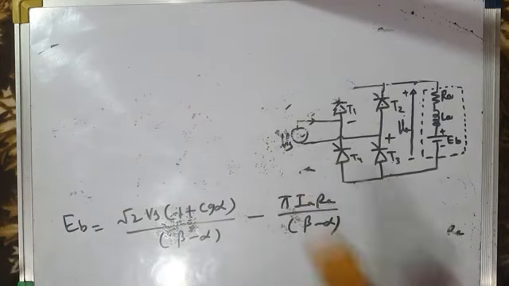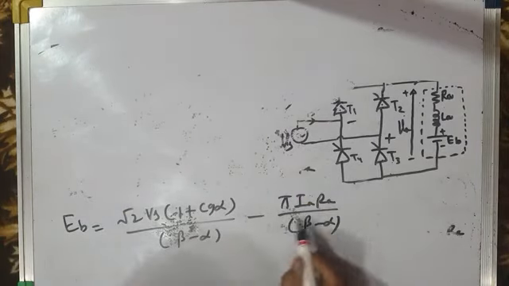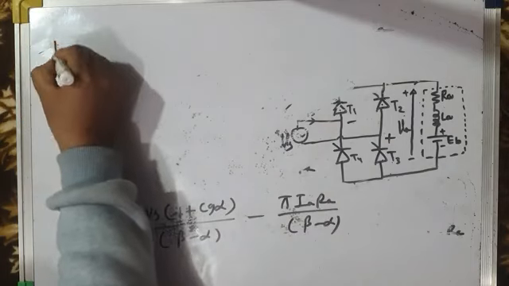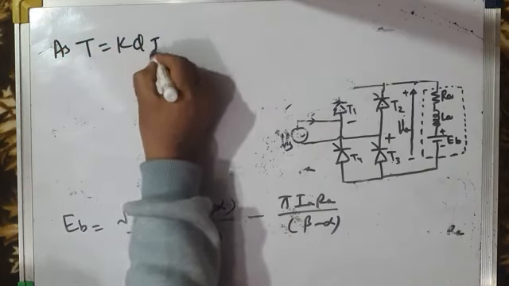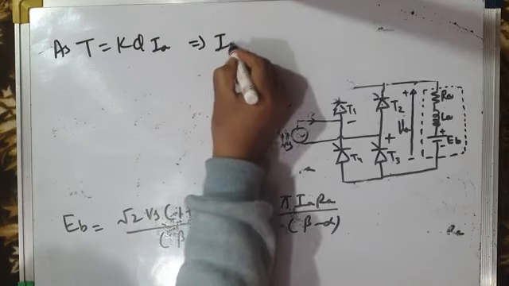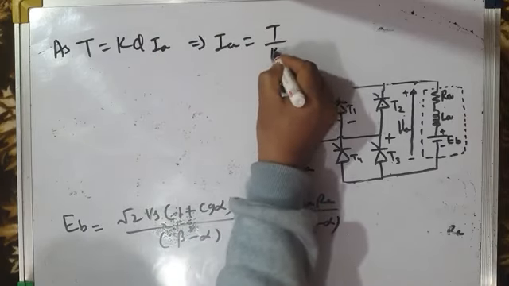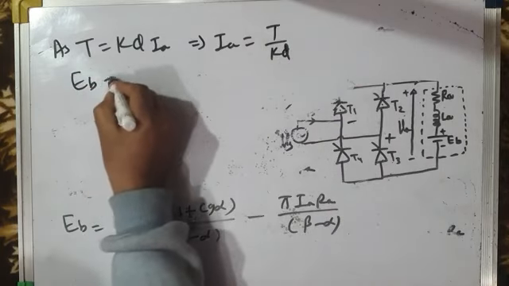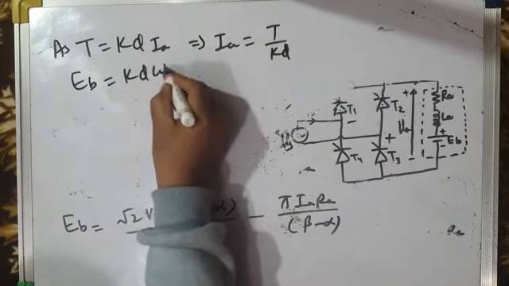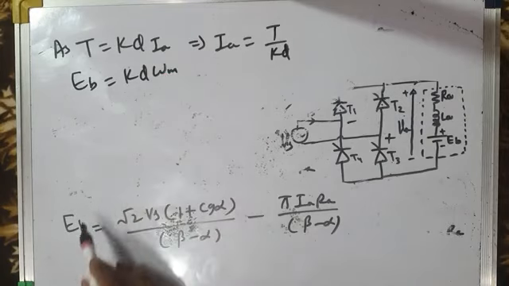Now further simplification gives, since torque developed by the motor is equal to K phi Ia, this will give me the expression for Ia. Ia is equal to T by K phi. And we also know that EB is equal to K phi omega m. So substitute EB equal to K phi omega m here.